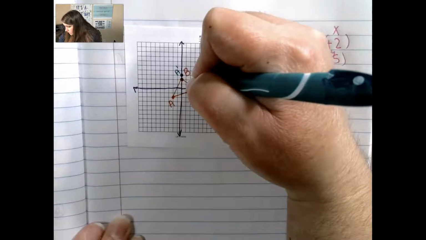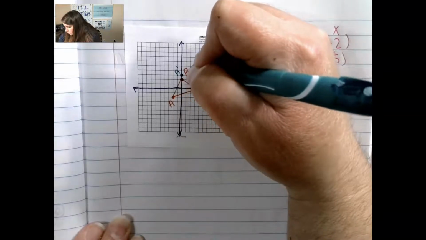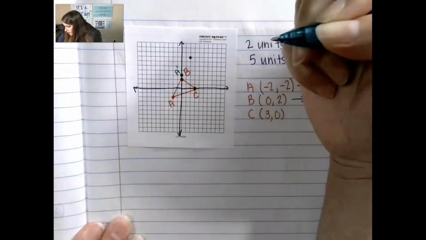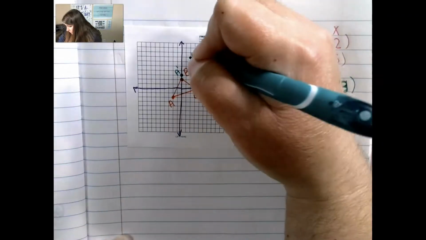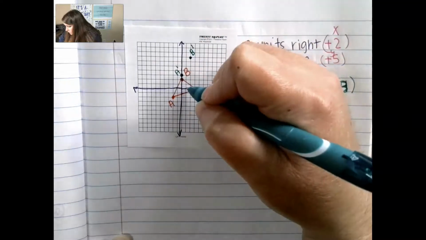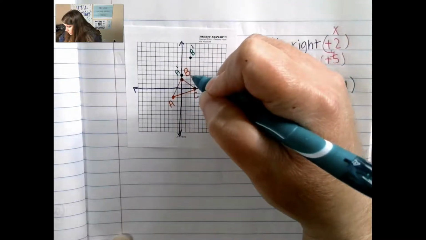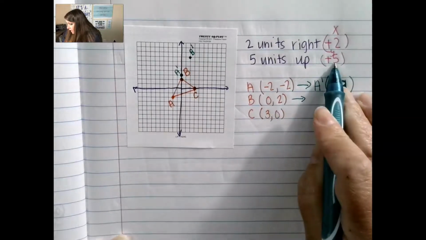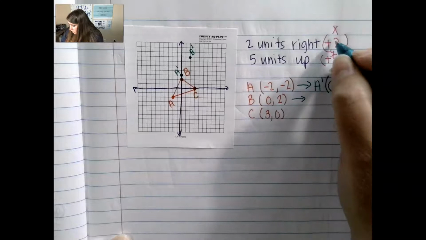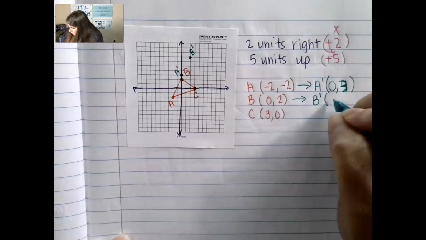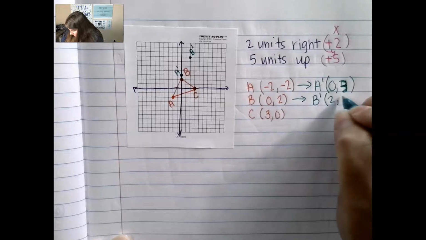So over 2 and then up 1, 2, 3, 4, and 5. So B1 is over 1, 2, and then up 1, 2, 3, 4, 5, 6, 7. 2 plus 5 is 7. 0 plus 2 is 2. So B1 is going to be 2, 7.